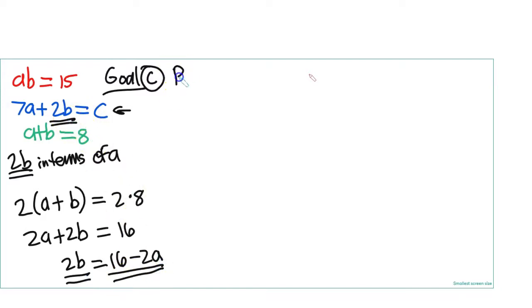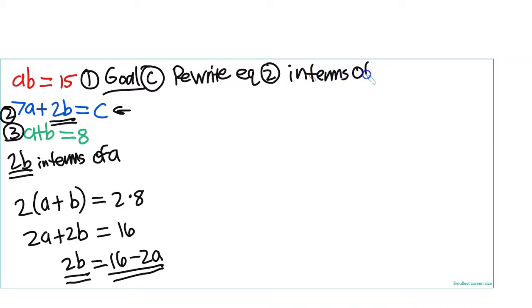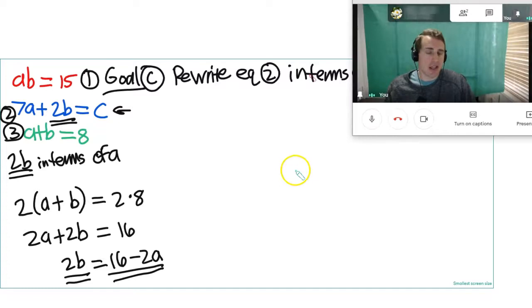By the way, we could call these equations 1, 2, and 3. We're going to rewrite equation 2 in terms of a only on the left-hand side. See what I'm getting at?